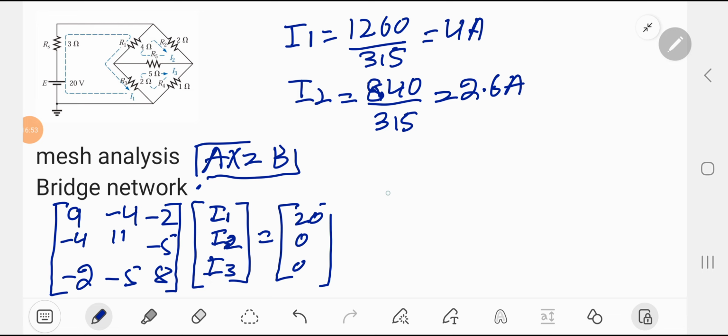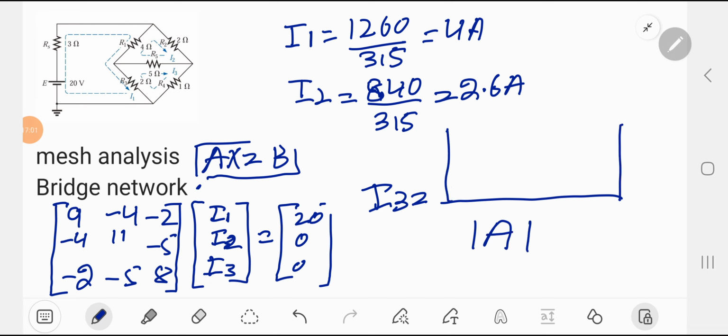For I3 we replace column 3 with matrix B.